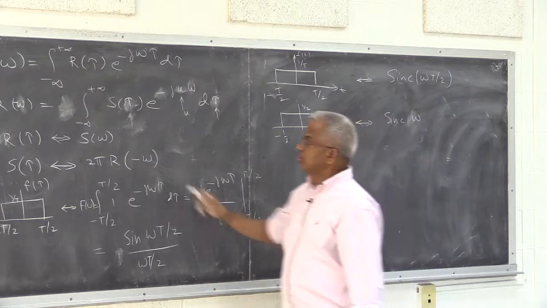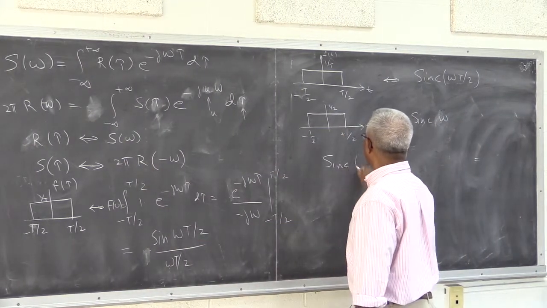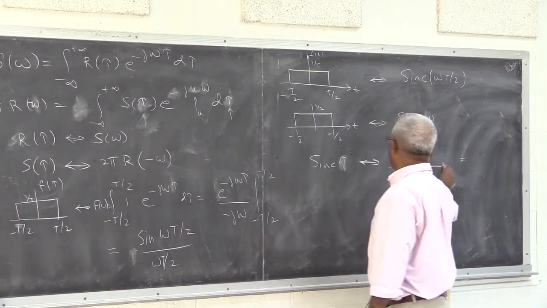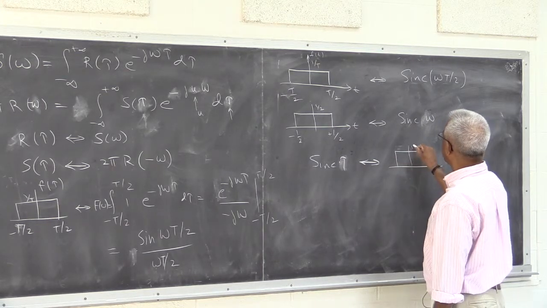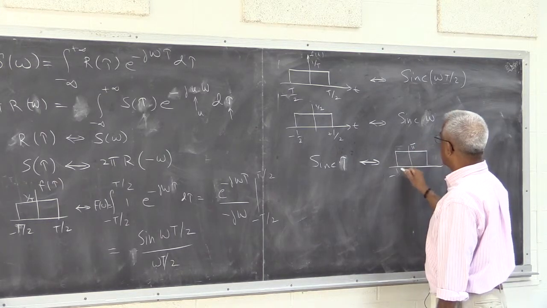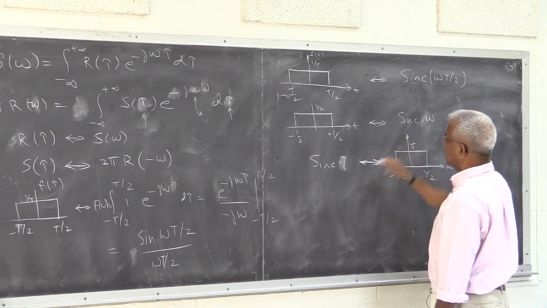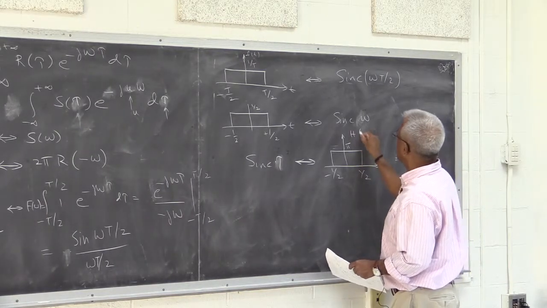So using this identity, sinc tau, its transform is given by 2 pi, so that will be pi here, multiplied by a pulse from minus half to half in the omega domain. This is the transform of the sinc. Let me call this h of omega.